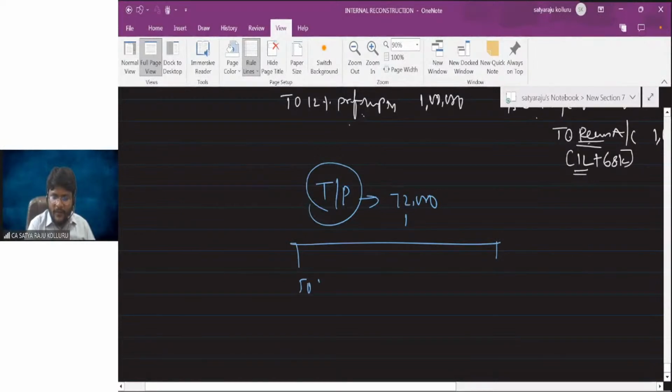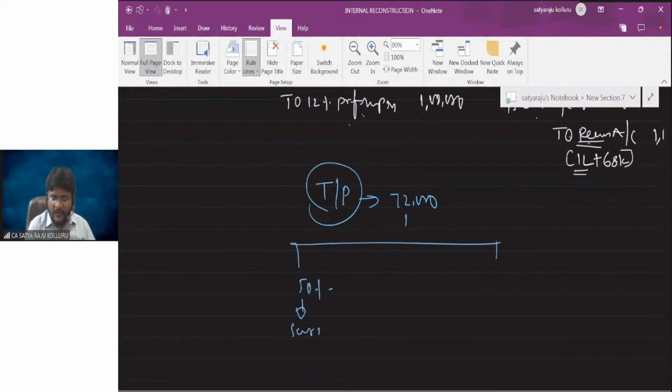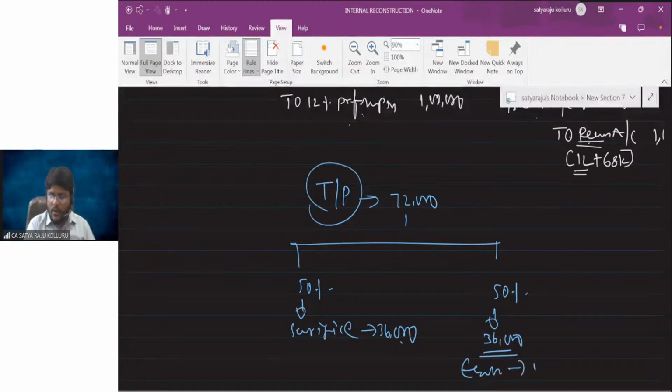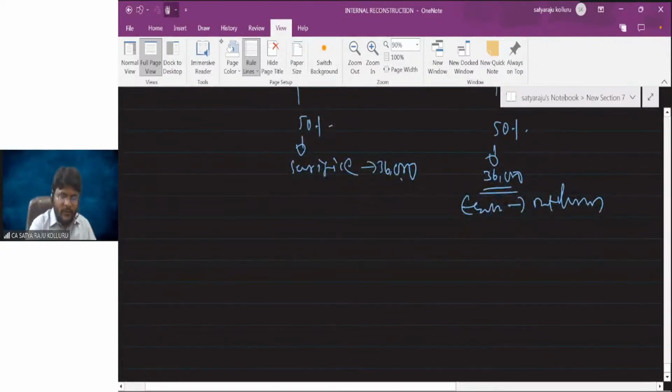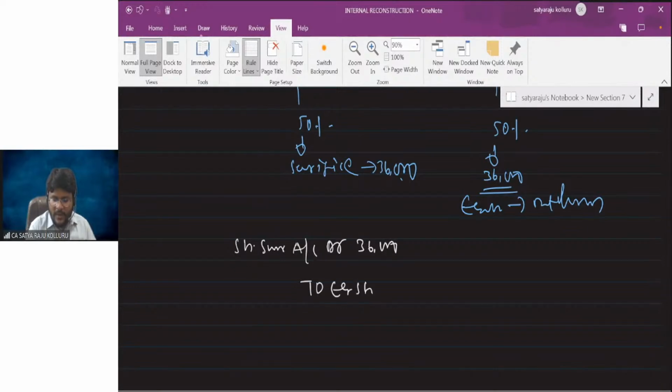Now straight away 50% is the sacrifice, which is the net sacrifice as well, which is 36,000. Now for the remaining 50%, 36,000, we are issuing equity shares out of share surrender. First, for the utilization of share surrender, the entry is share surrender account debit 36,000 to equity share capital 36,000.